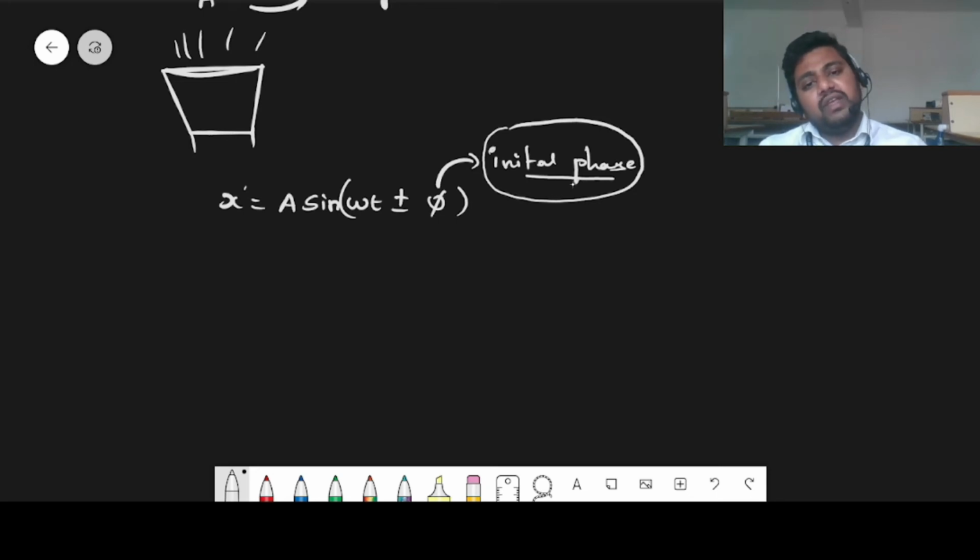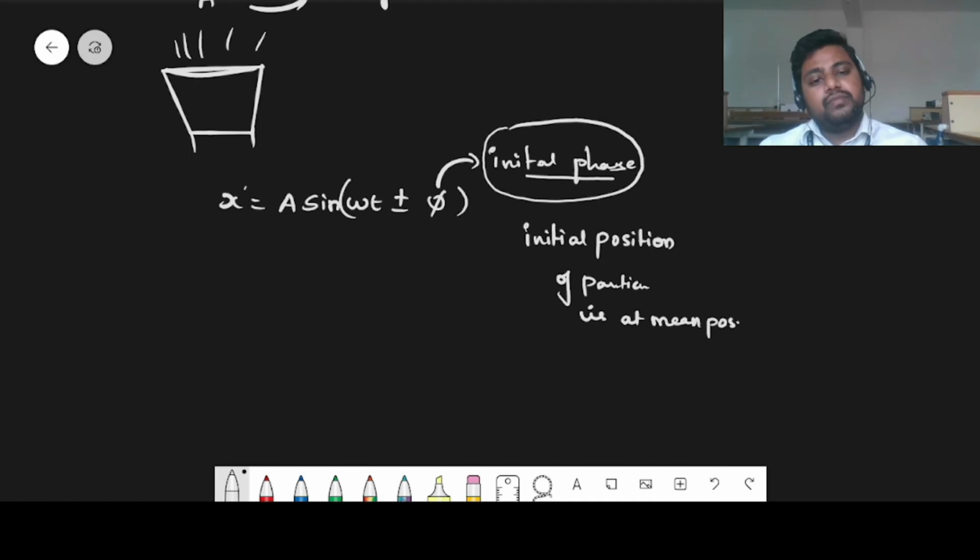If the initial position of the particle is at mean position, then you can write x is equal to a sine omega t alone, because the initial phase phi will be taken as 0.